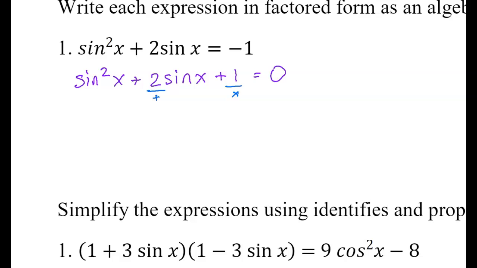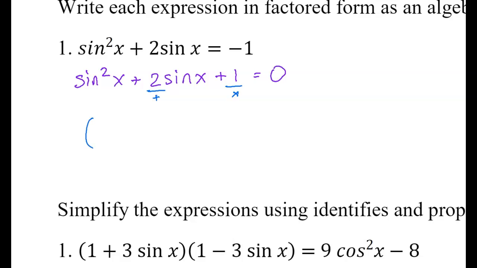What two numbers multiply to be 1, but add to be 2? Yes, Dario, exactly. 1 and 1. 1 and 1 multiply to be 1, but add to be 2.